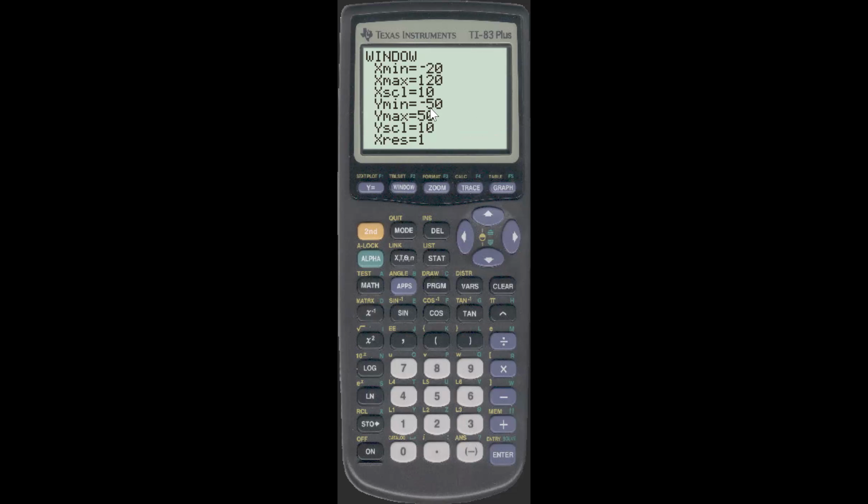Everything else the same, go back to graph. And actually, we need to make one more adjustment here. These windows are not easy to find. Let's make the x min -80. Let's go by a scale of 20 this time.